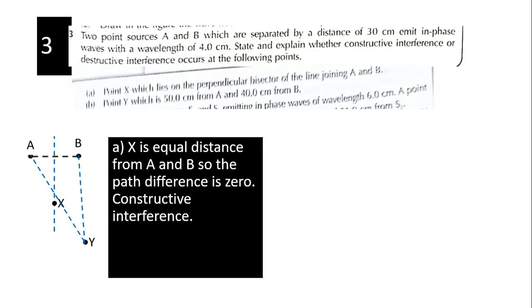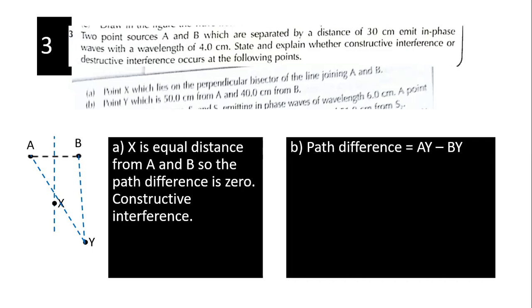For point X, they are equal. So for the path difference, you subtract both of them. AX minus BX equals 0. So it's constructive interference. And the next one, find the path difference, AY minus BY. We want a positive answer, so we always take the largest minus the smallest.